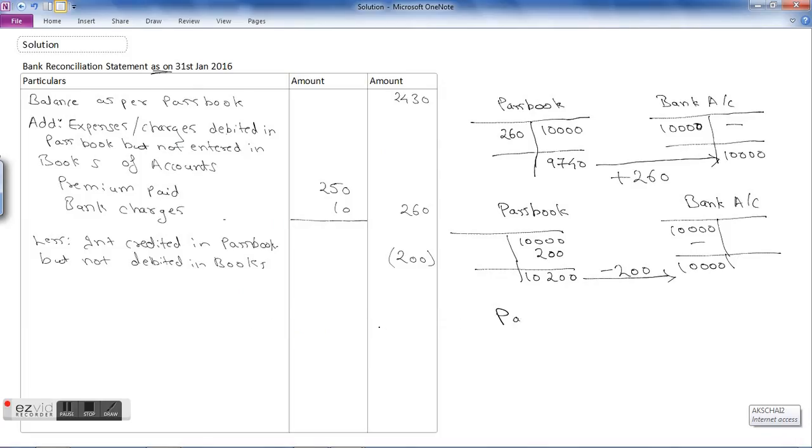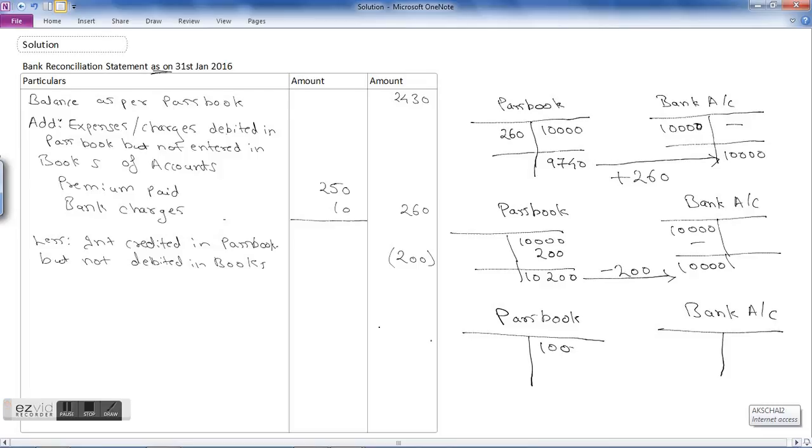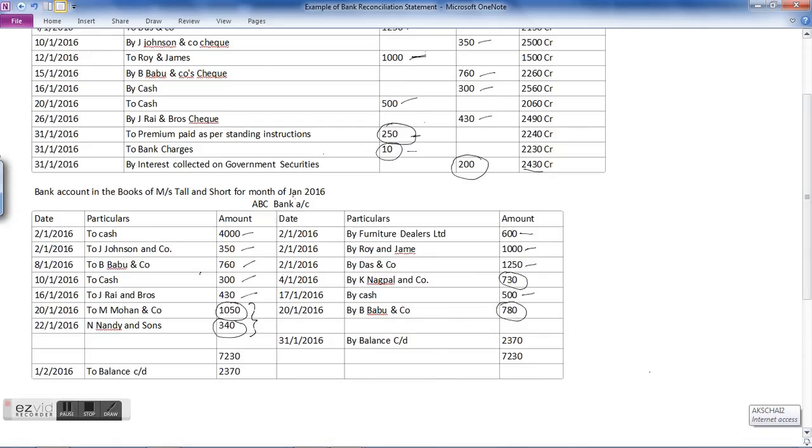Again we will do this working. Passbook and bank account. Now 10,000, 10,000. What has happened is these amounts are being debited to our bank account, correct, but the same are not available in the passbook since the checks are not yet cleared.